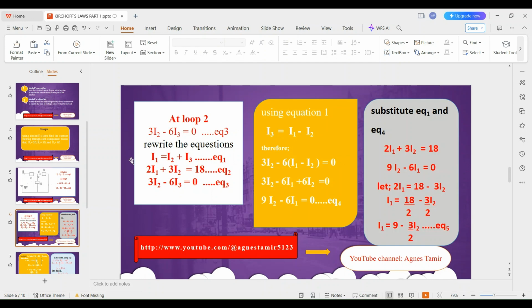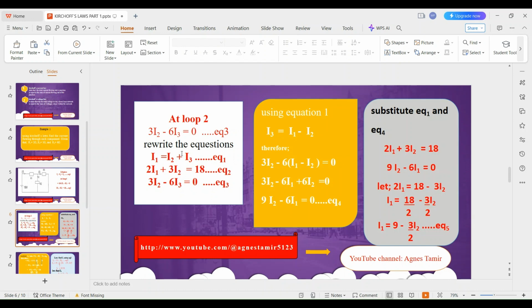But let's just work with I1, I2, as I think it will be easier, though either way can work. So it will depend on you. You can also pause the video and try to work through the calculation to see whether we get the same answer at the end.